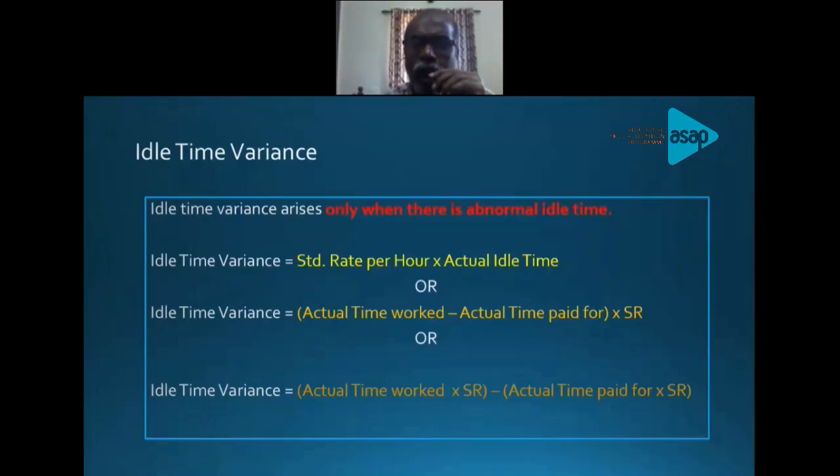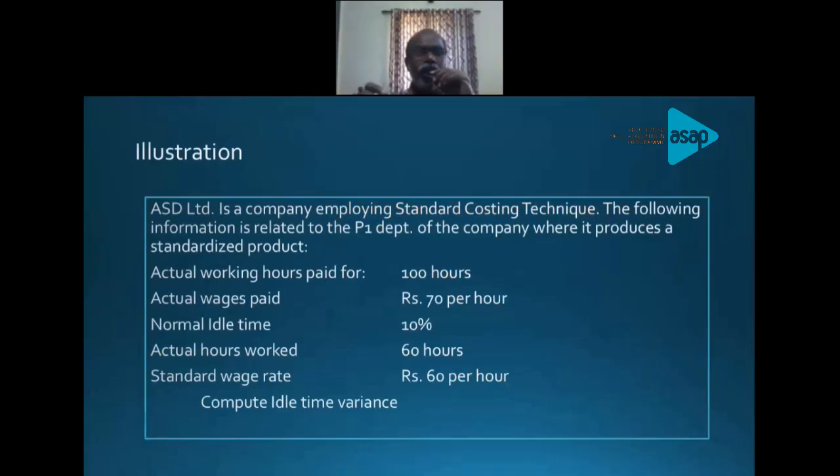Moving on to an illustration dealing with idle time variance. This is another illustration, so please take it down. ASD Limited, a company employing standard costing technique. Information is related to P1 department of the company where it produces a standard product.